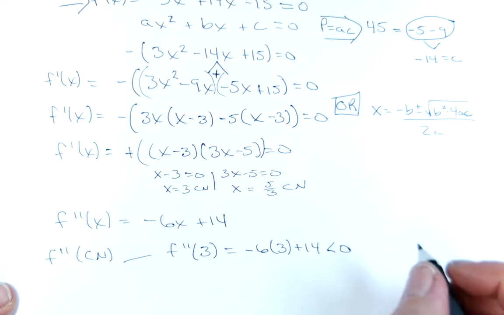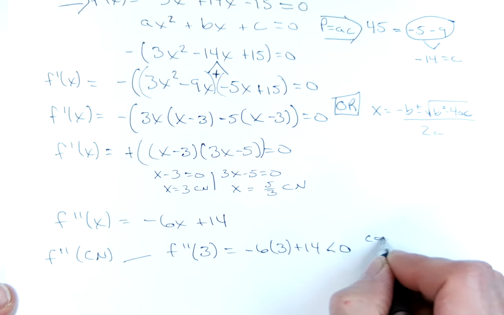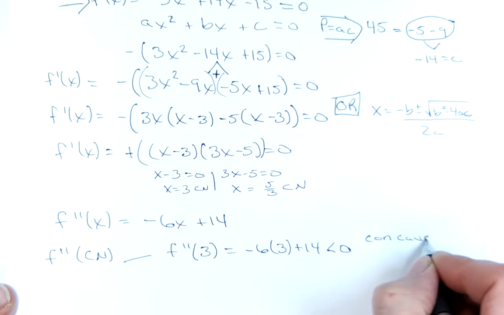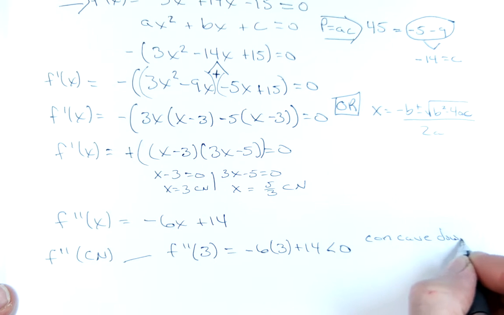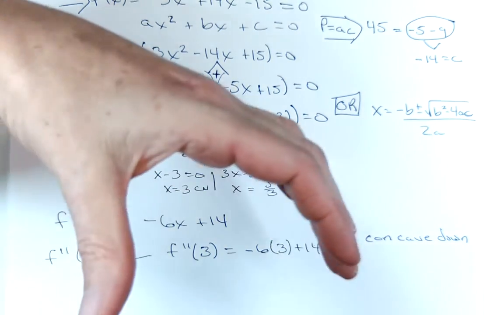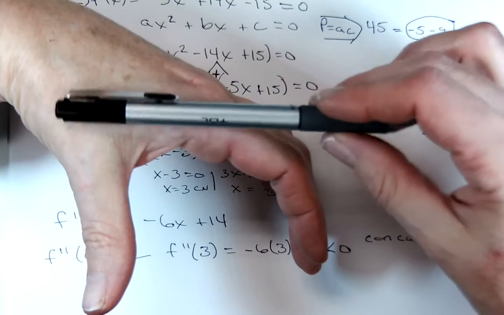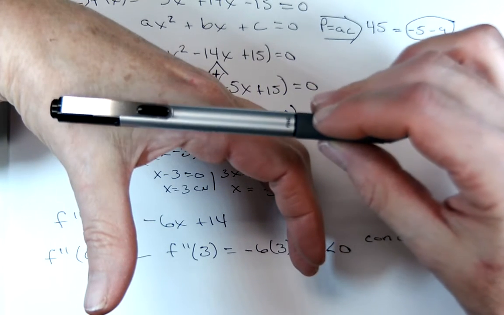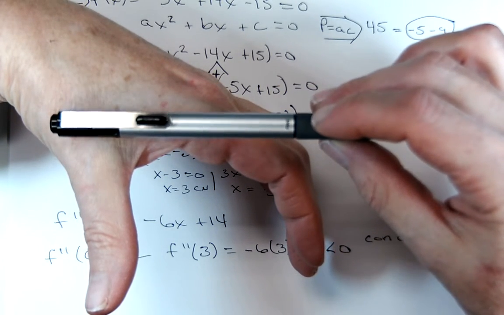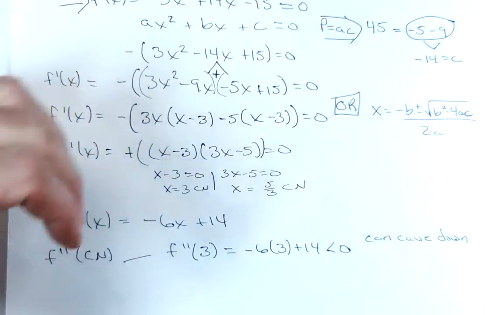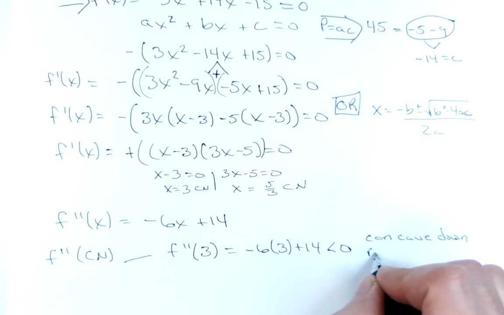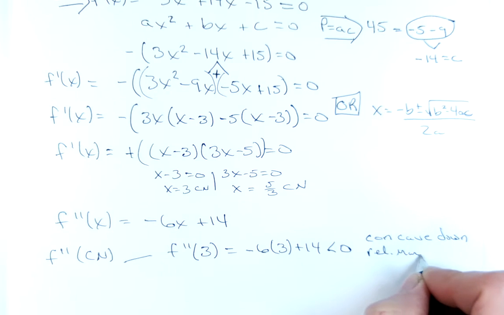And what that means, if the second derivative is negative, it's concave down. It opens downward. The function that the second derivative came from opens downward. And if it opens downward, then the critical number, where there's a horizontal tangent, must be at the top. So that would be a relative maximum there. So we have a relative max at x equals 3.